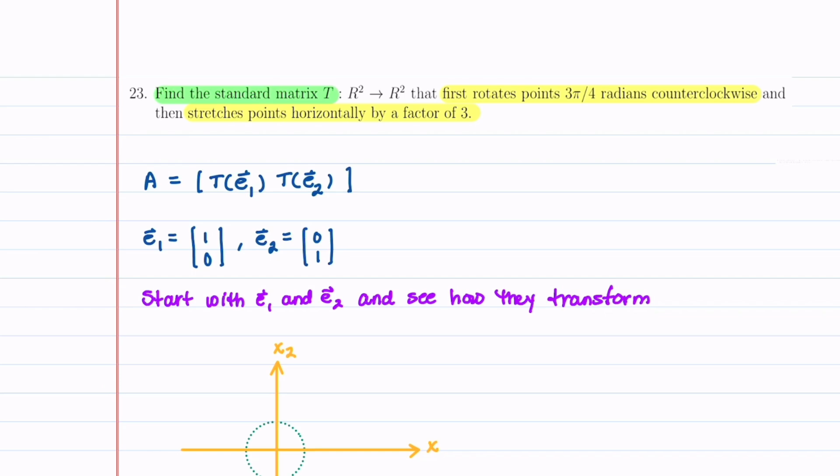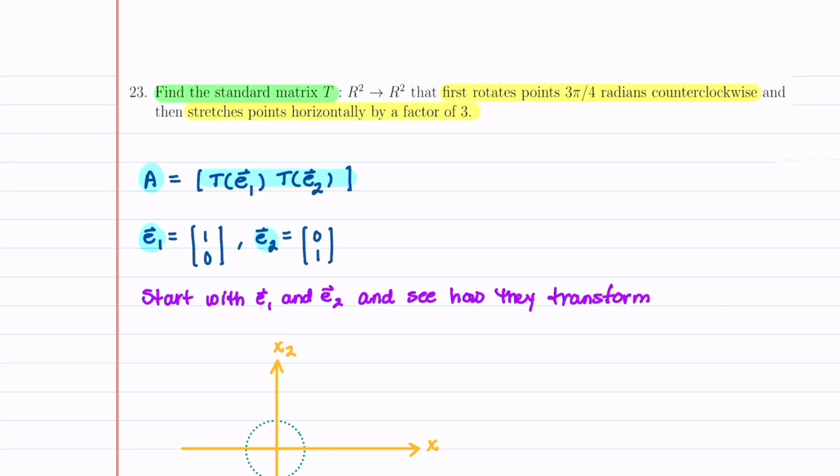Our standard matrix A for the transformation T is T of E1 and then T of E2. E1 is 1, 0, and then E2 is 0, 1. So what we're going to do to solve this problem is start with E1 and E2 and see how they transform.